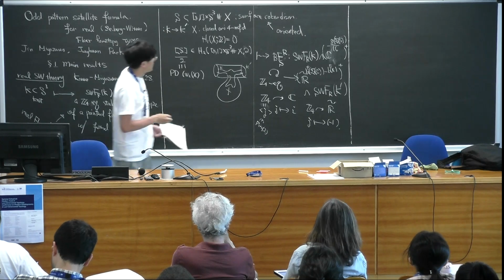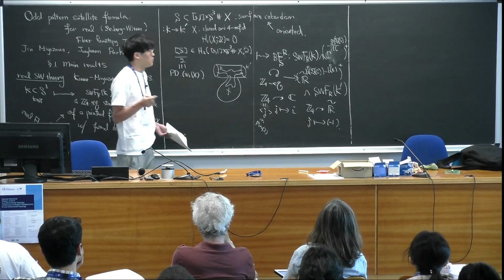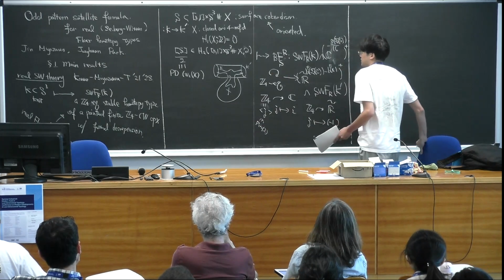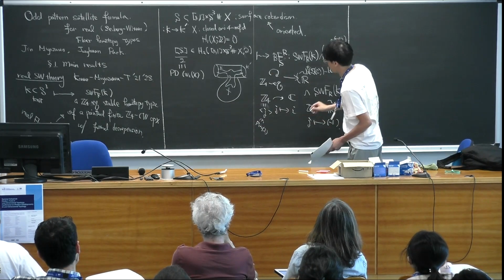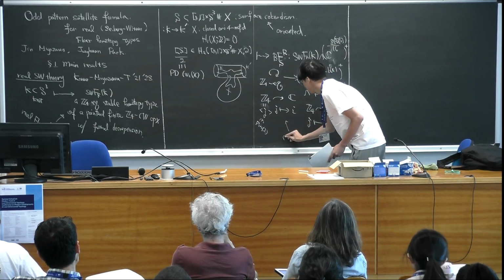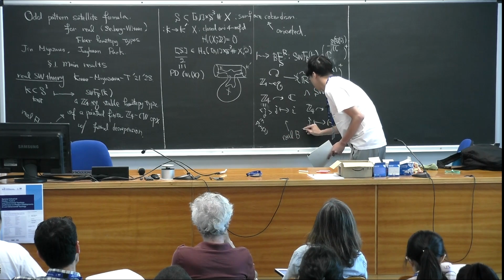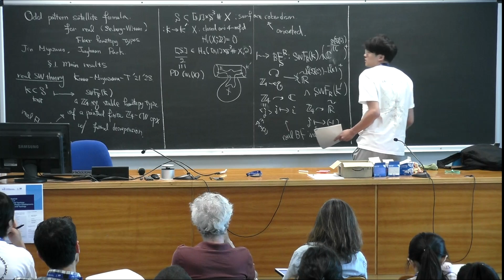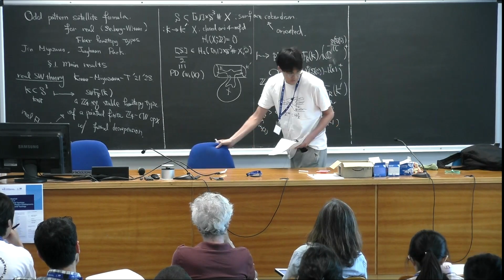So this is the corresponding cobordism map inside this real Seiberg-Witten theory, and this is called the real Bauer-Furuta invariant. This is a review of real Seiberg-Witten theory.